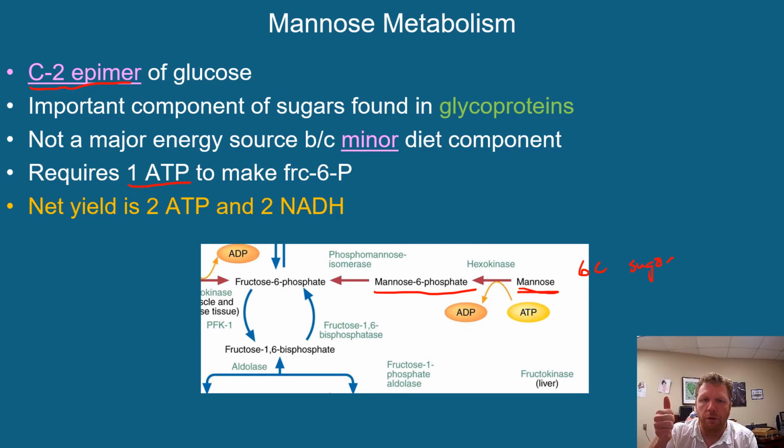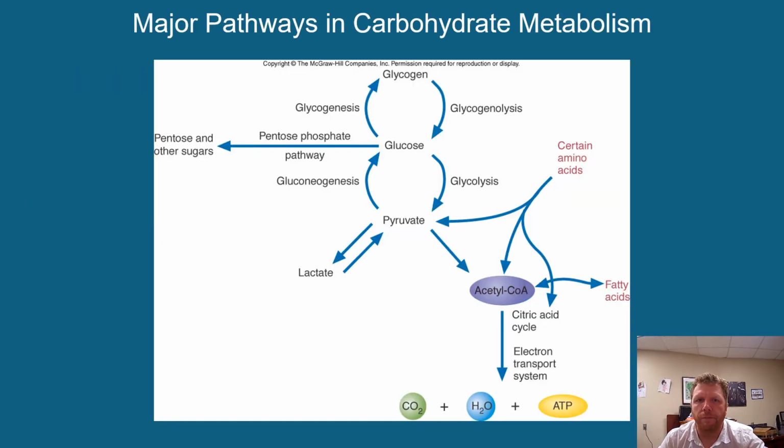Well, you have to phosphorylate it, then you isomerize it, and then you phosphorylate it again. We're doing almost the exact same thing with mannose. Mannose goes to mannose 6-phosphate, gets isomerized, making a 6-carbon sugar that's been phosphorylated as well. Then we can go on through the rest of the glycolysis process. Our net yield is 2 ATP and 2 NADH.